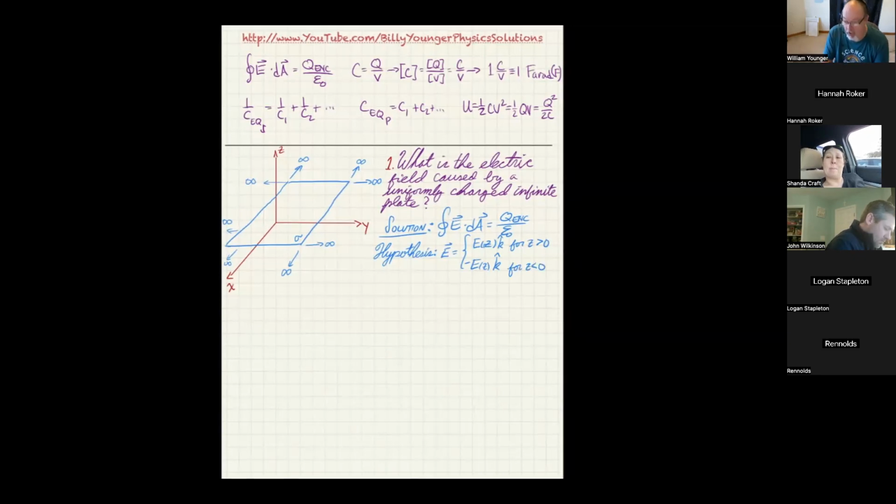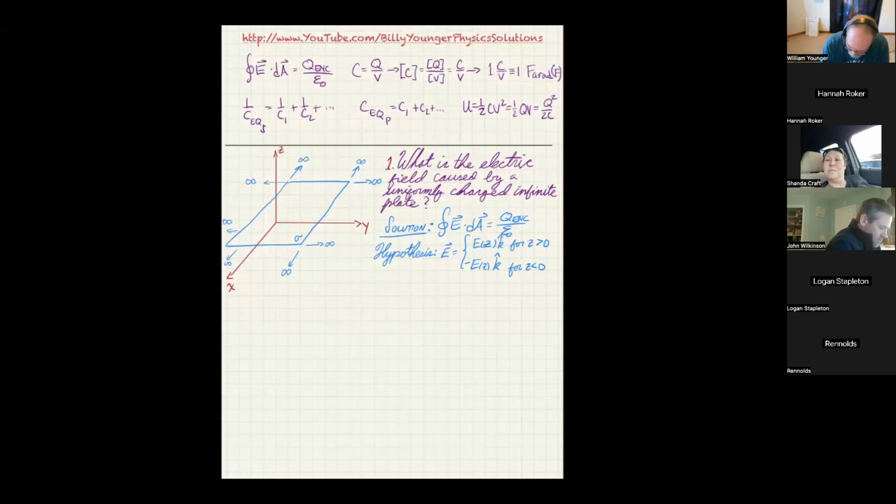So my argument right there, by calling this the hypothesis electric field, is that if you take any surface of constant z, then you have an electric field that will be perpendicular to that surface, and of course will have a constant value on that surface.